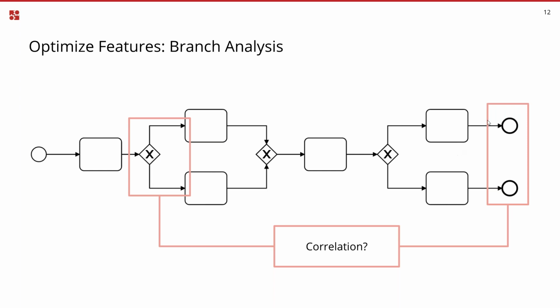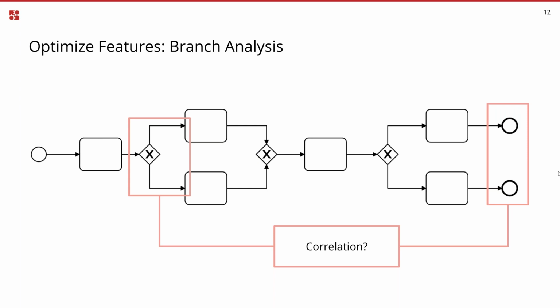Let's say we have a positive outcome here in the upper right corner, and maybe we have a negative outcome. They are expressed as dedicated end events. And the question is, statistically speaking, if a process takes the upper branch in the beginning versus the lower branch, might this increase or decrease the probability of the process reaching the intended outcome?